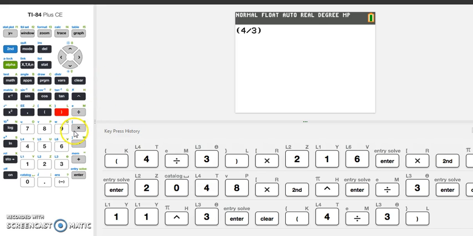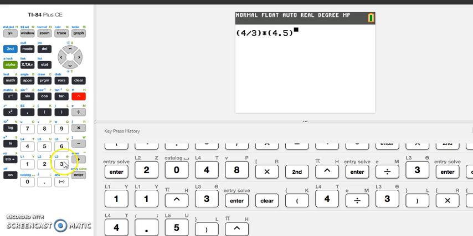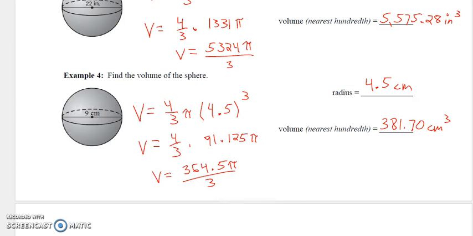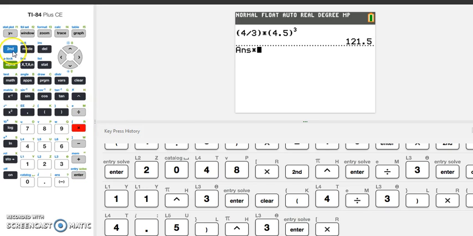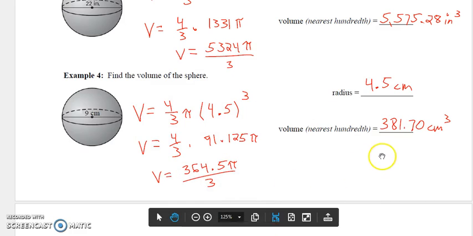I could actually do it like this, and then times pi, whatever. There's more than one way to do it. It's just that the way I'm saying it, no matter what calculator you're using, you'll get it right. If you just do 364.5 times pi, enter, divide by 3, enter. Here you are.